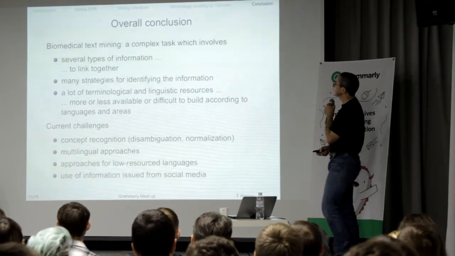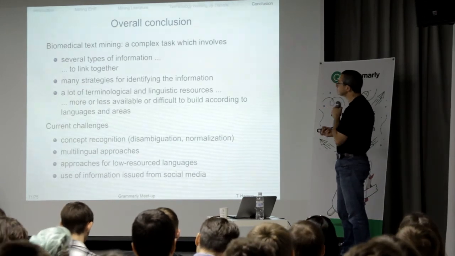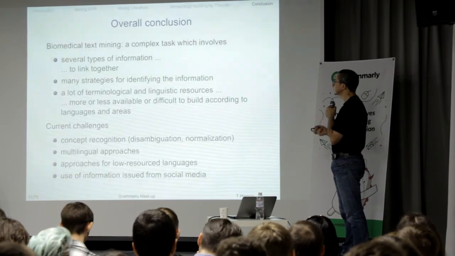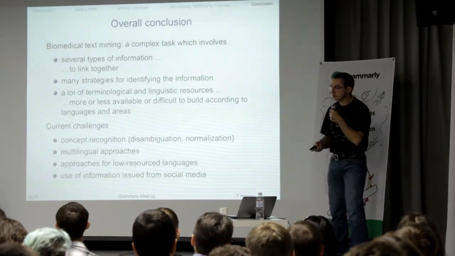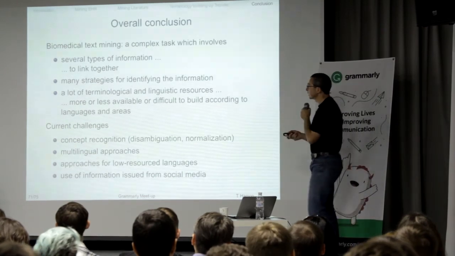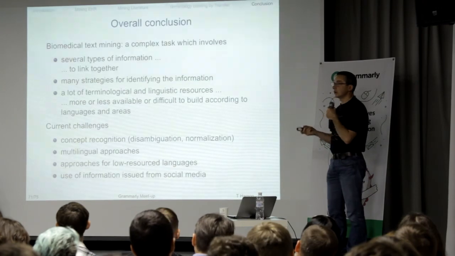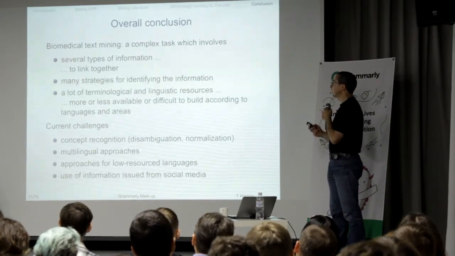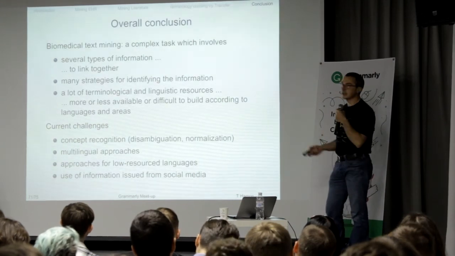So to conclude on this presentation, as you can see now, if you didn't know before, biomedical text mining is a complex task which involves different types of information to link together. There is no specific strategy for identifying the information.